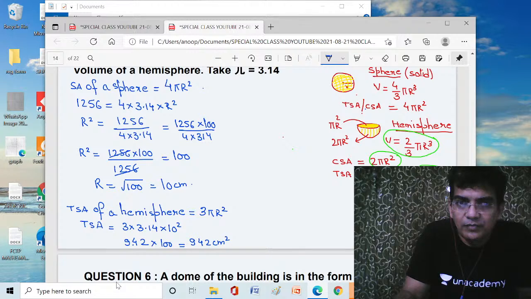Okay, sorry, one mistake we have done. This was a hemisphere, not a sphere. This was a hemisphere. So this should be 2. Wait, make the change. This should be 2.